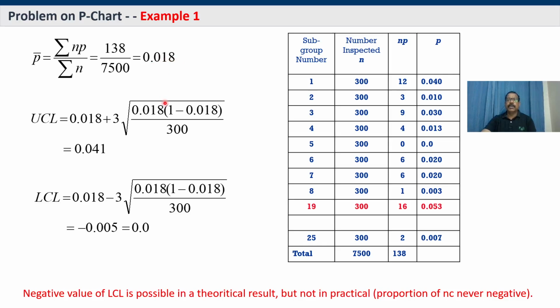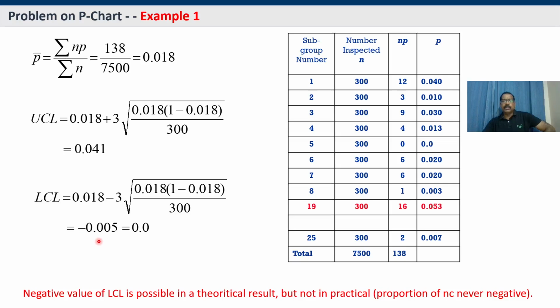Once you know the P bar, the upper control limit and lower control limit are easy, because everywhere you only substitute the P bar value: P bar plus and P bar minus, substituting 1 minus P bar, and n as 300, you can get the upper control limit and lower control limit. Sometimes you will get a negative value for the lower control limit.